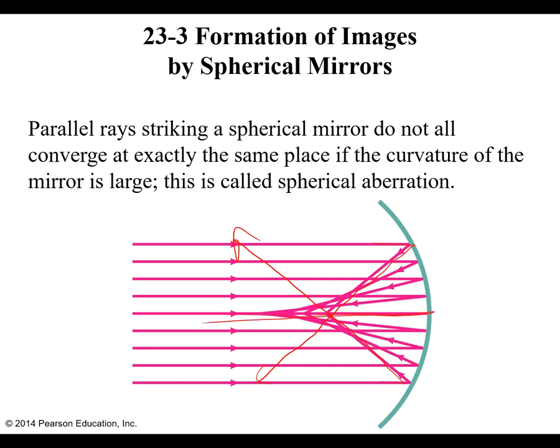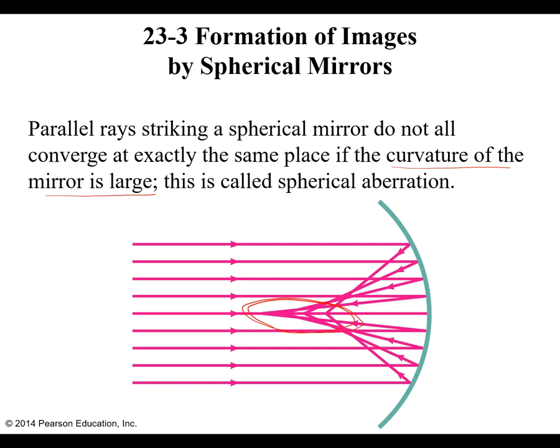Now, all of these lines may or may not line up at the same point. When you have a mirror with a really large curvature, then you're going to get kind of a mess. The points aren't all going to line up at the same point.